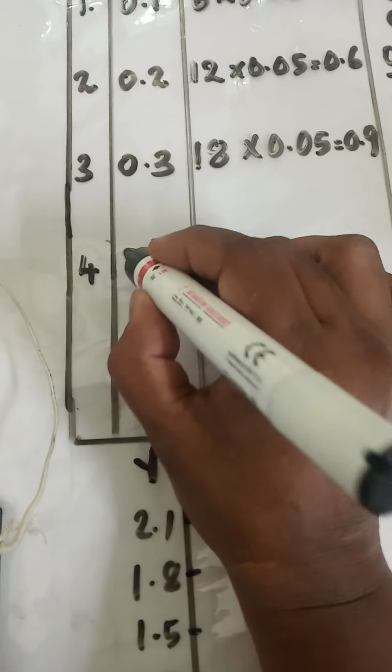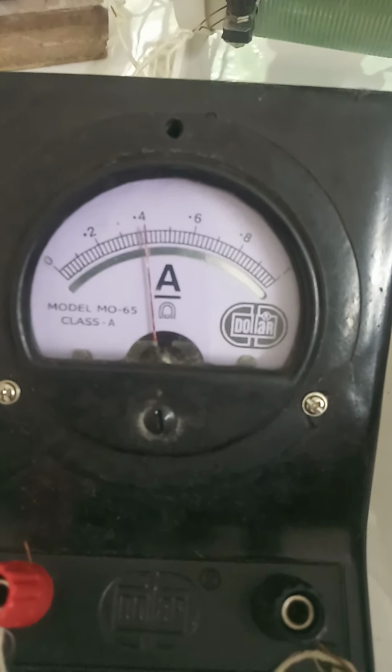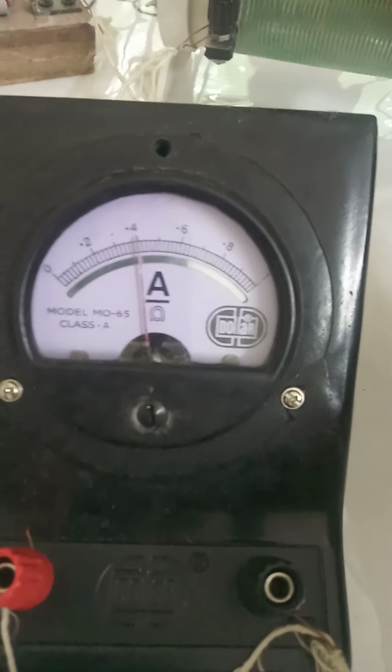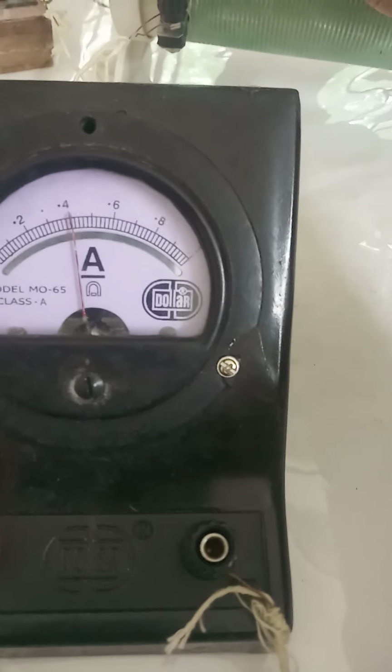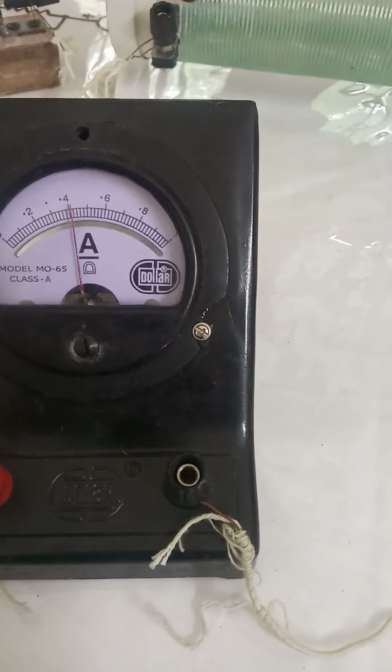When the current is again increased to 0.4, now the current in the circuit is 0.4.